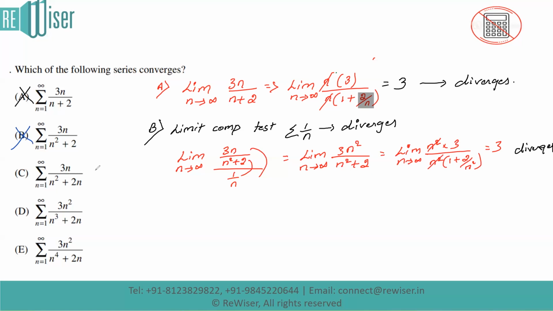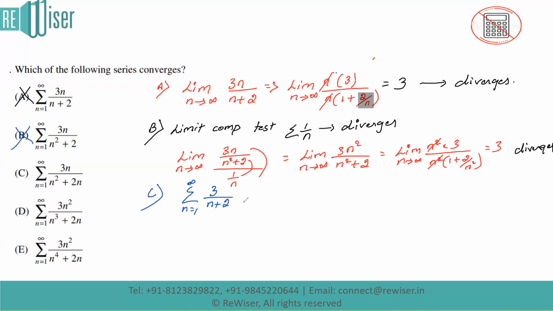Now if I talk about option C, I can take n common out and cancel it with the denominator. So that's basically the sum from n equals 1 to infinity; if I take out n common and cancel with the denominator, I will just have 3 over n plus 2.